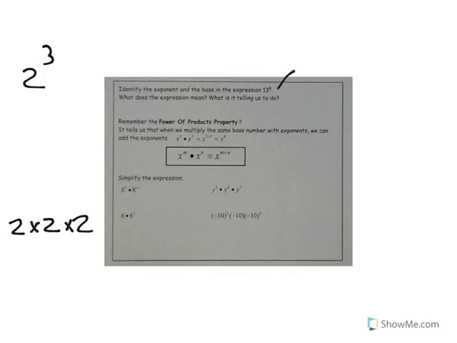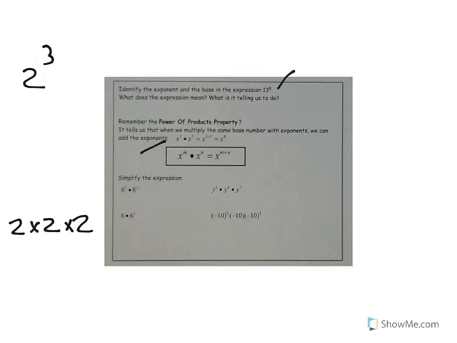There's the power of products property, which tells us that when we multiply the same base number with exponents, we can add the exponents. So x to the third power times x to the fifth power is equal to x to the third plus fifth power, so that's x to the 8th power.